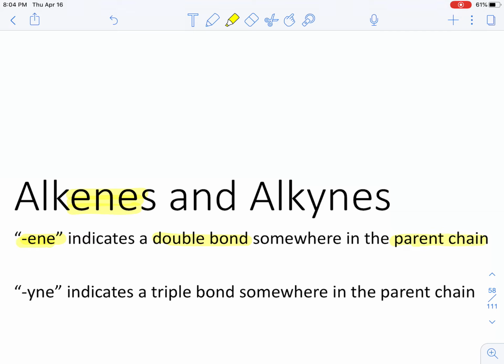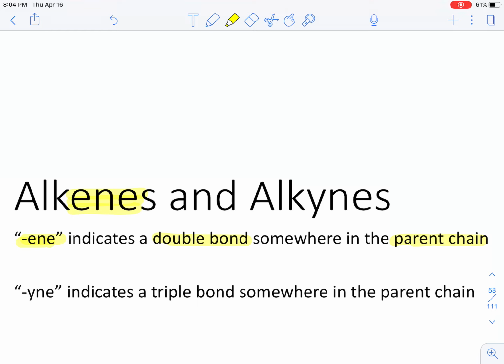A parent chain in an organic compound can have 1, 2, or 3, or even many double bonds, depending on the length of the chain. And so some fatty acids, some lipids have numerous double bonds, and hopefully we'll be able to see that within this semester.